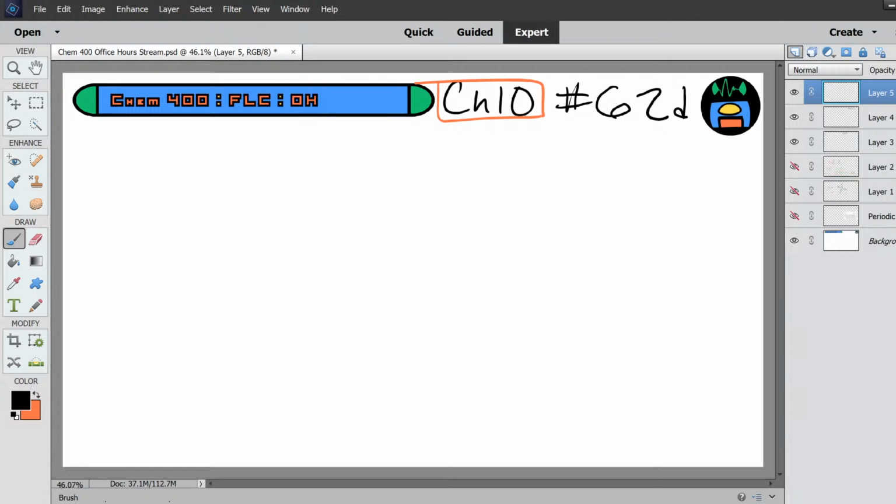Okay. So problem D, they want us to do this for boron trifluoride.